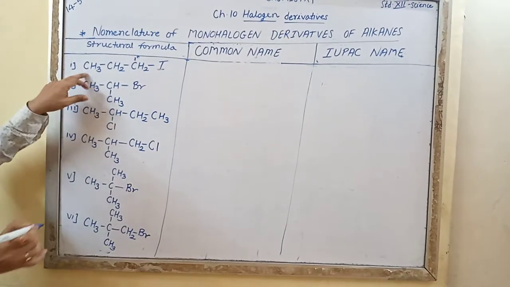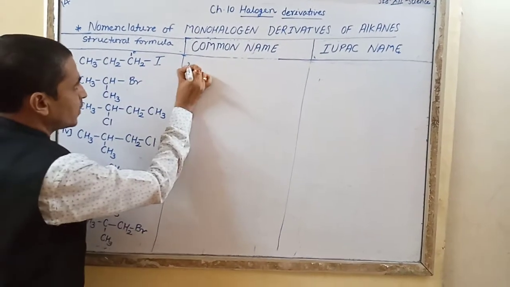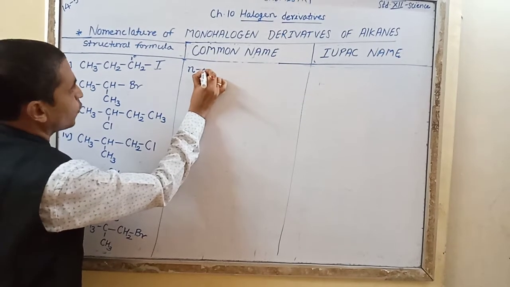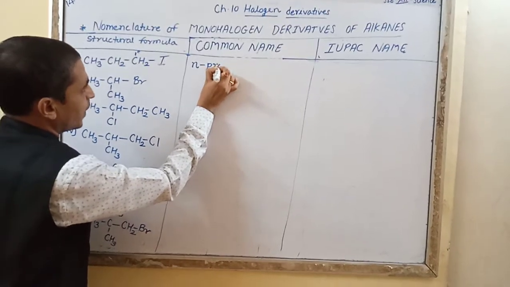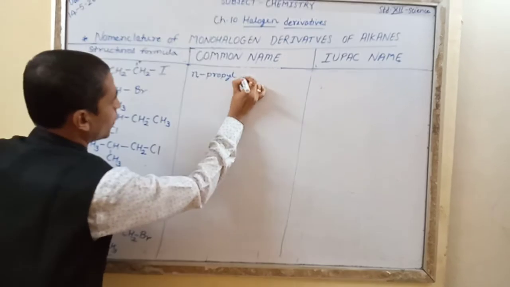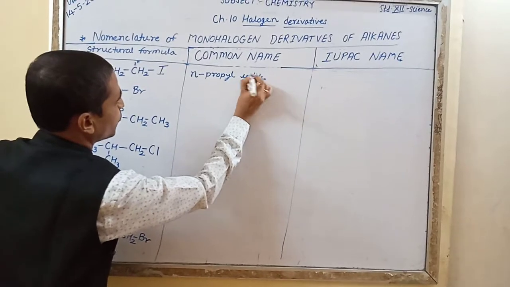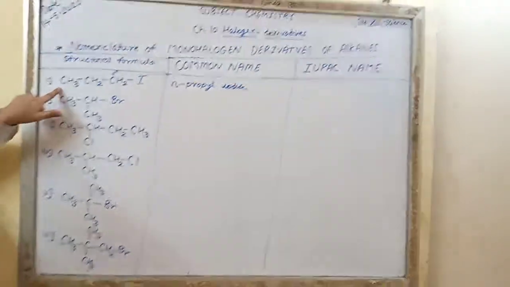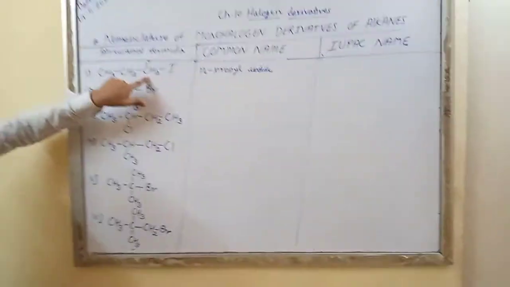And see here, there are 3 carbon atoms, so we can use the word N. Now 3 carbon atoms, we get N-propyl, and halogen iodine, means we get N-propyl iodide. N-propyl iodide is the common name of this structure.